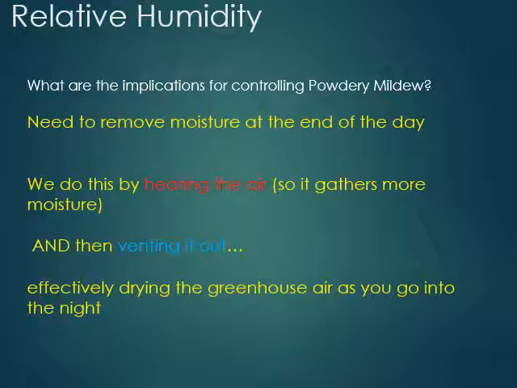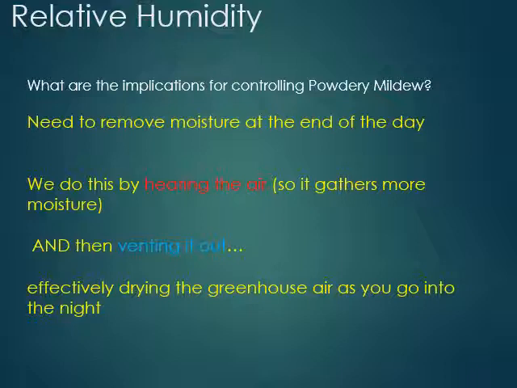Remember, as air is warmer, it can hold more moisture. So it gathers more moisture out of the greenhouse because you've just injected energy with heat, and then you open the vents. The combination of warm air rising and its higher capacity for moisture means that warm, moist air then quickly exits the vents, and you've just effectively dried your greenhouse.